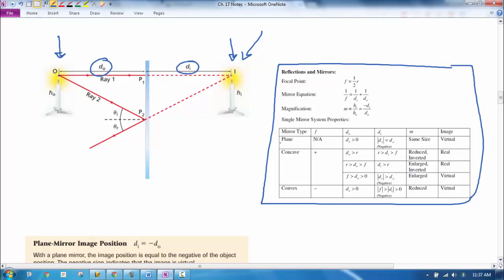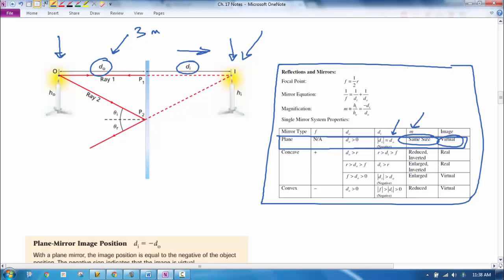So if you look at a plane mirror, here's the column that we're working with right here. All the information's there. If the distance to the object is greater than 0, which it is in this case, let's say it's 3 meters, then the distance of the image is exactly equal to that, but on the other side. So this would be like -3, but really it's just 3 meters in this direction over here. The image is going to be the same size, so M stands for magnification.